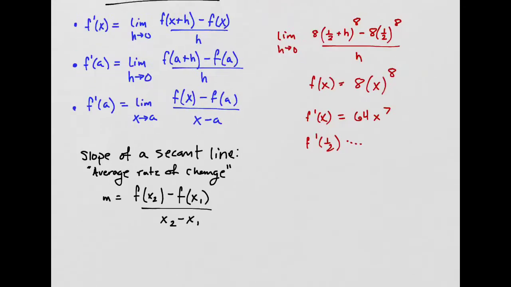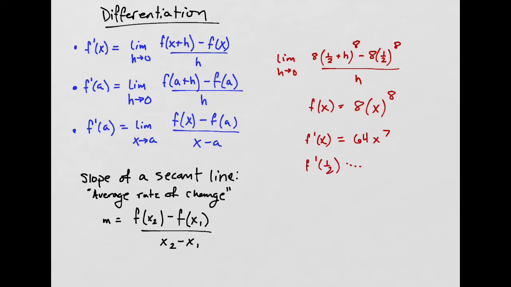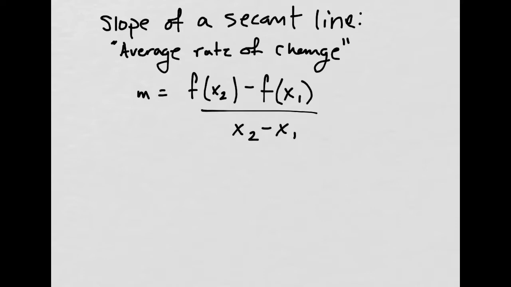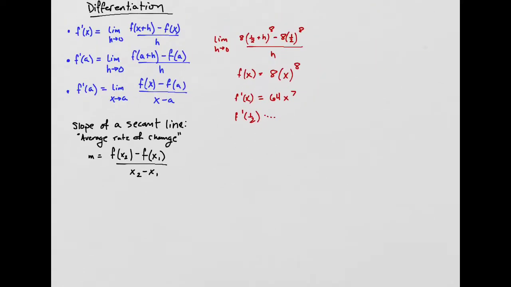That's why we have something that kind of looks like a slope. This is the slope or the average rate of change, so it's important to remember that. If you're thinking about problems in context, then you might want to use the average rate of change for something. But the slope of the secant line is related to the slope of the tangent line. That's how we get those difference quotients, the limits of them.